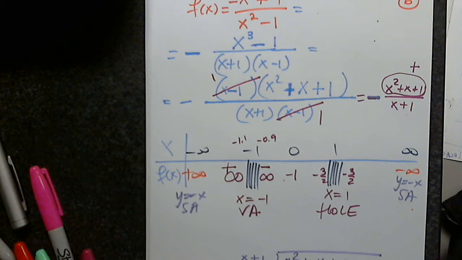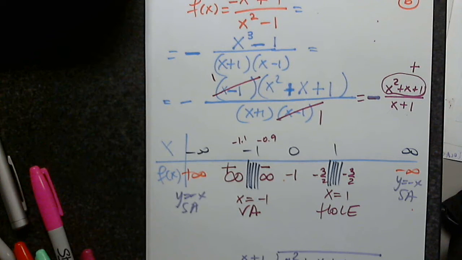It goes through an open point at 1, -1.5. I don't know where it turns, because it has to turn and go to negative infinity, because that's a slant asymptote. So it's coming from negative infinity, does whatever it does, and it has to go back to negative infinity towards the slant asymptote.